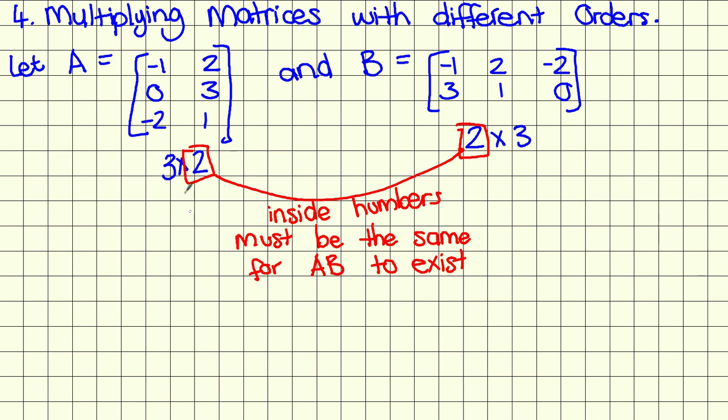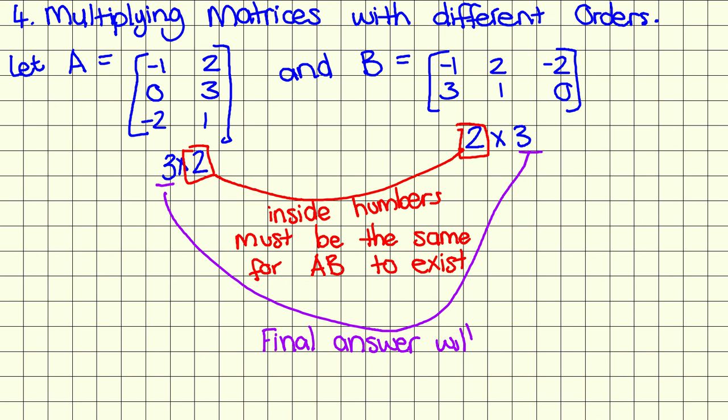And then your two outside numbers, so I've got my 3 and 3, that just tells you what the new matrix is going to look like. So your final answer will be a 3 by 3. Just like this.